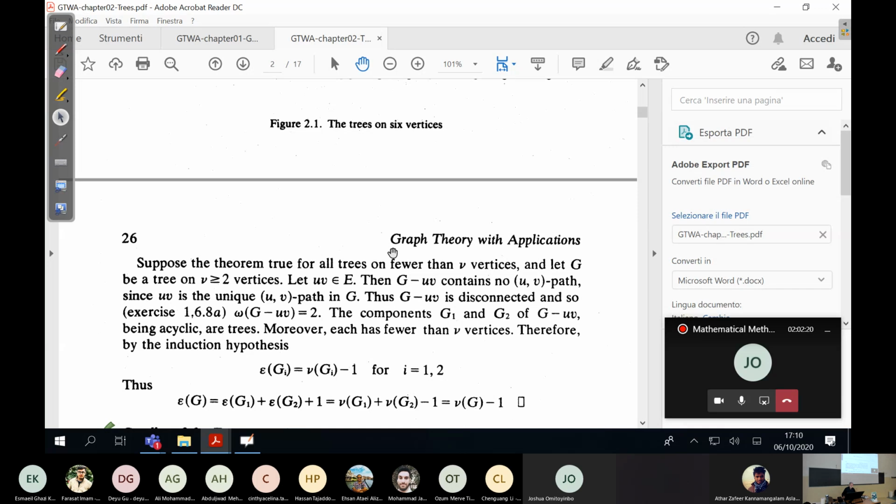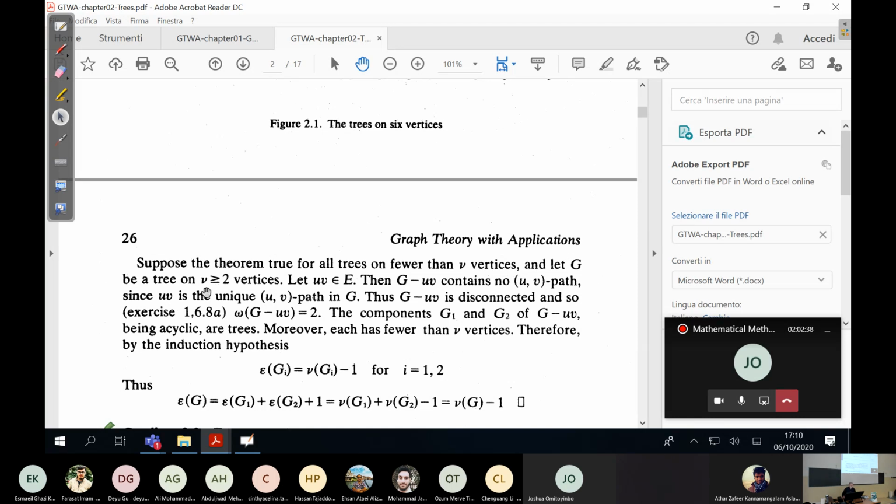We assume that it is true. Inductive hypothesis: the theorem is true for all trees on fewer than ni vertices.